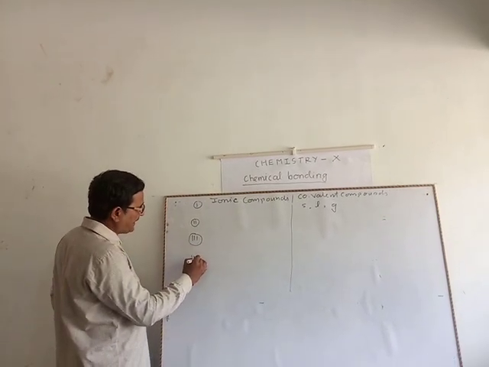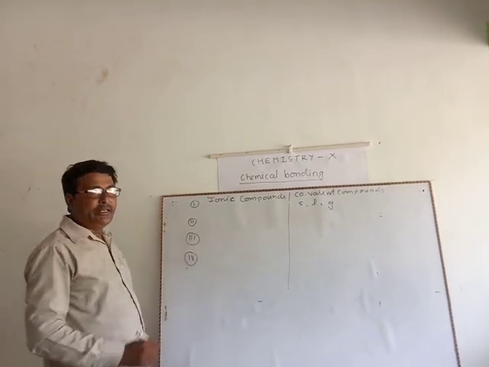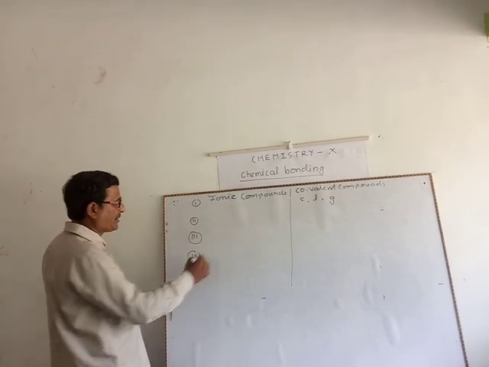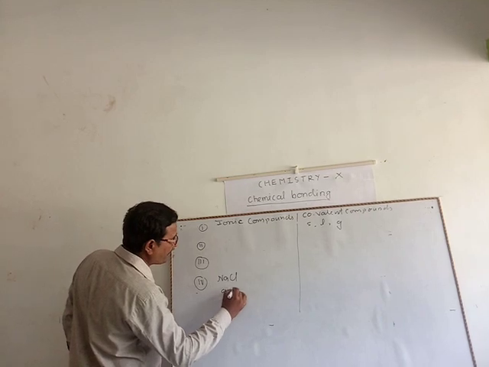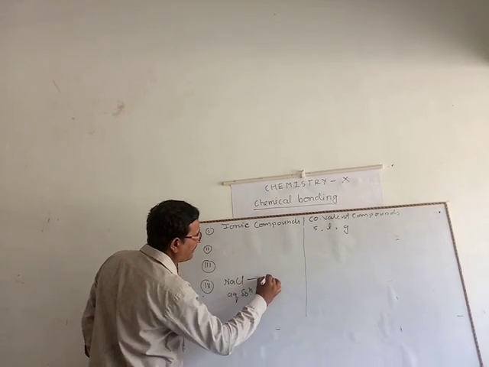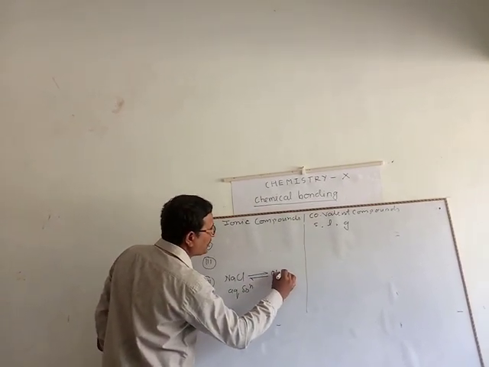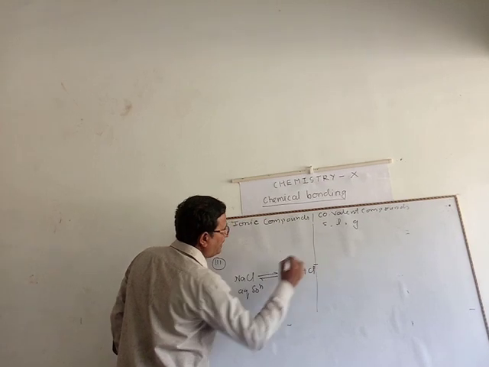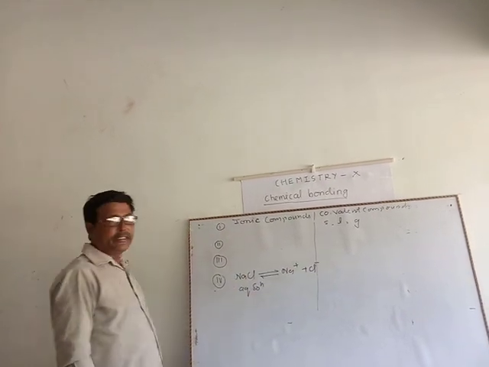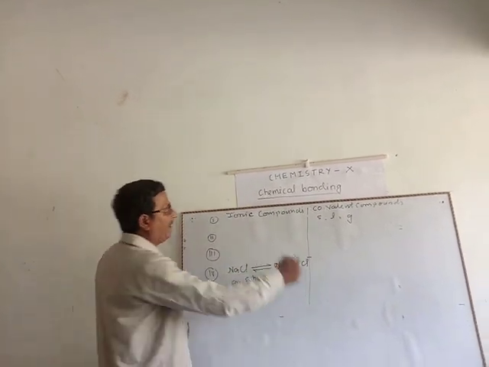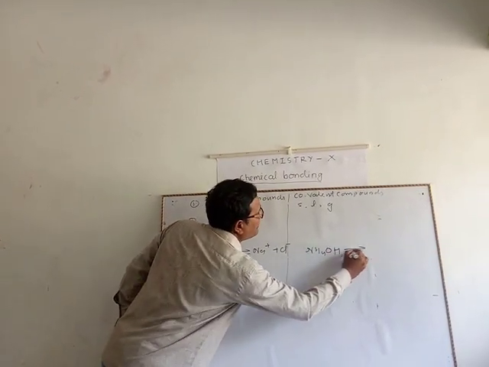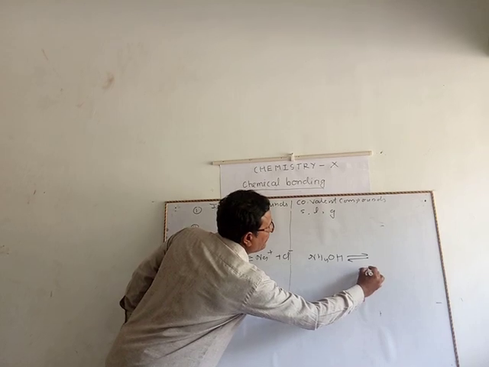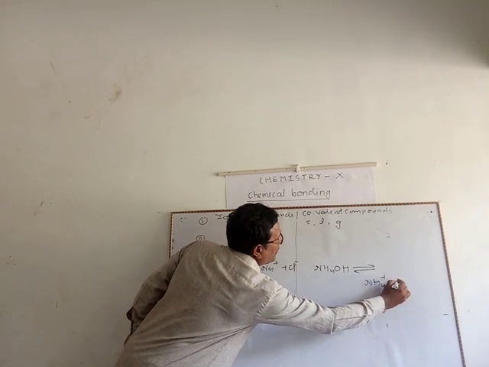The reaction taking place in an ionic compound is called dissociation. Suppose sodium chloride in aqueous solution gives sodium ion and chloride ion. This reaction is called ionic dissociation, whereas ammonium hydroxide is ionized and gives ammonium ion plus OH ion.